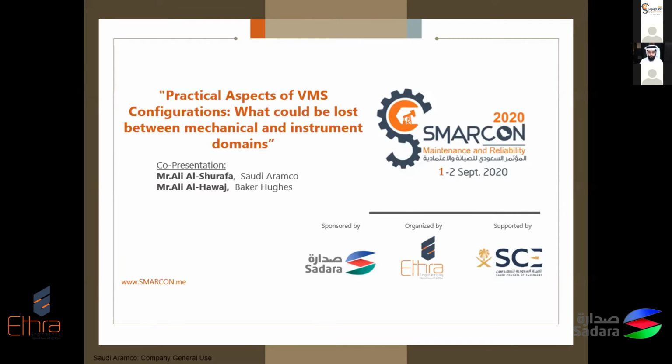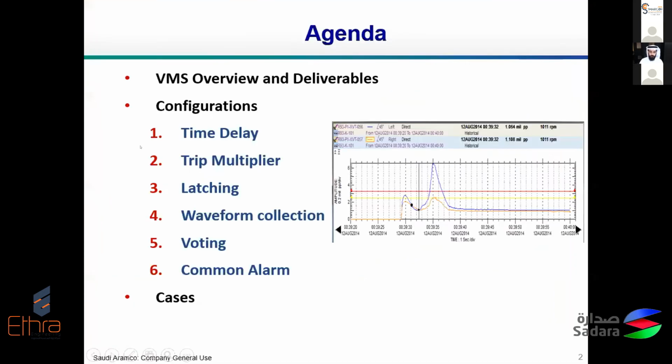In order to do that, we are going to go through some configurations, and these configurations are shown in the next slide. We are going to have the foundation that is necessary for all of us, and this foundation is basically the overall components that comprise the VMS system and the outcomes that we expect from the system.